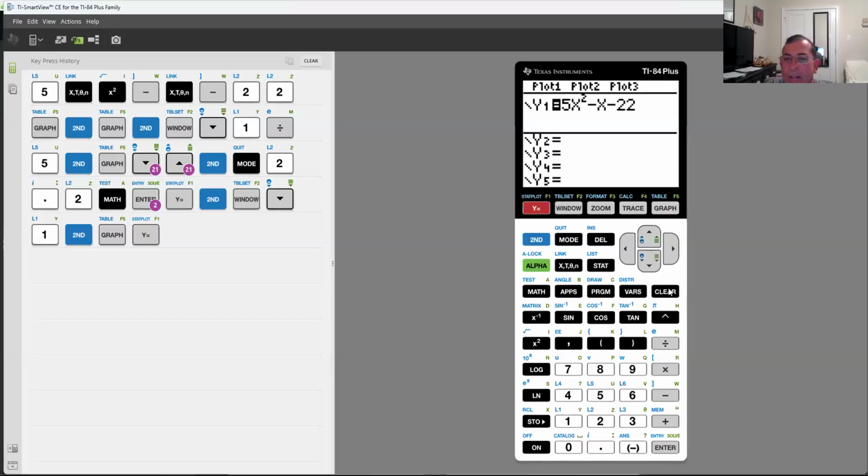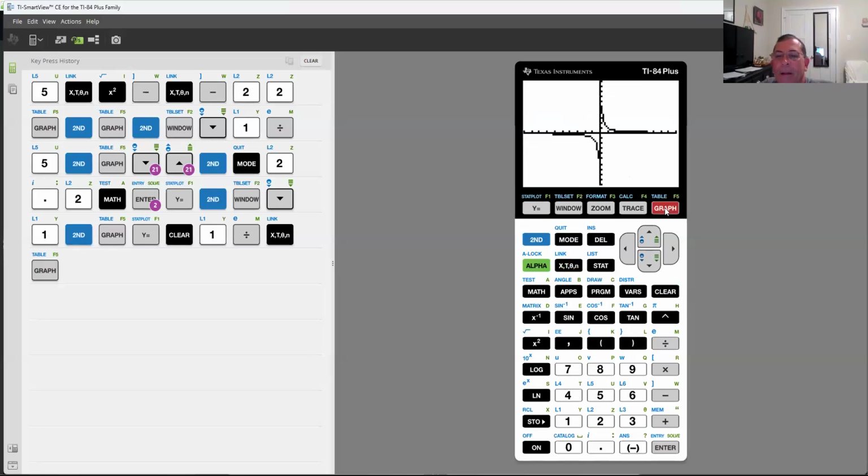I'm just going to do a basic one. How about 1 divided by x? When I hit graph, you can see the vertical asymptote is right on the y-axis there. One side's coming down and the other side's going up.